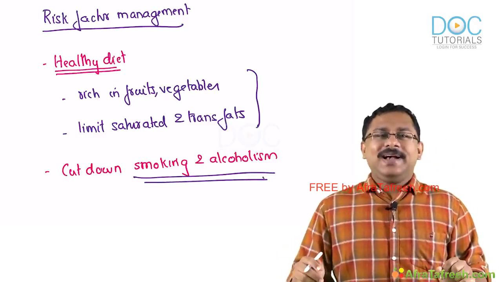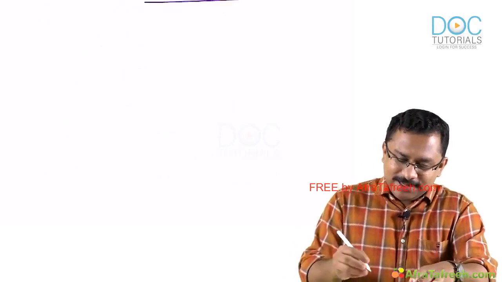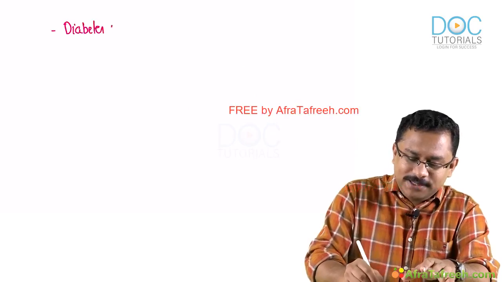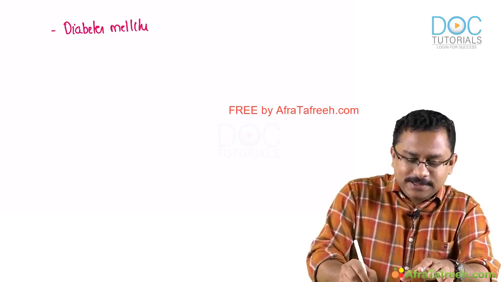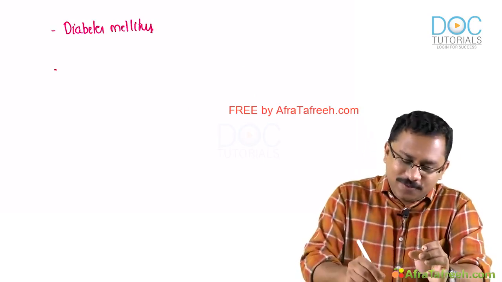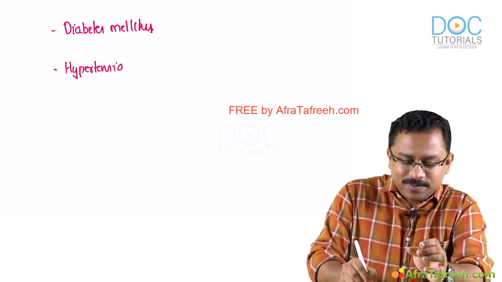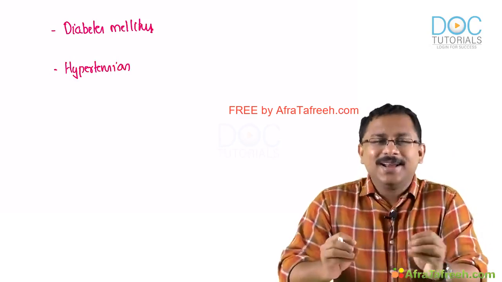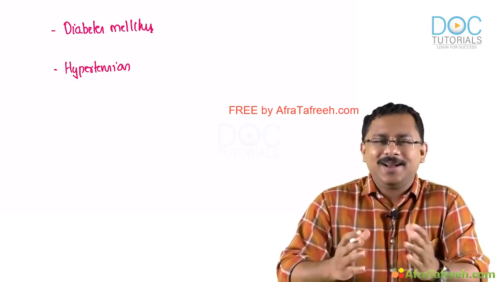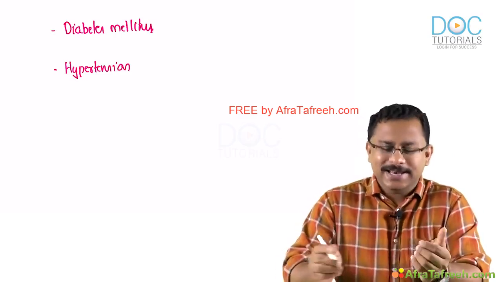All right. And then definitely you have got to manage other risk factors like diabetes mellitus. You have got to keep the blood sugar under control. You have got to manage the hypertension. See, there are different cutoff points for BP control recommended by various associations for management of chronic stable angina.